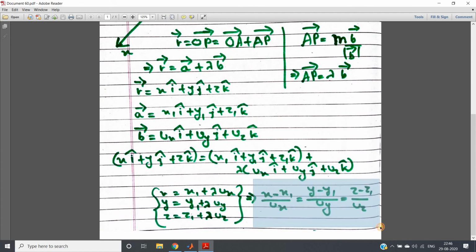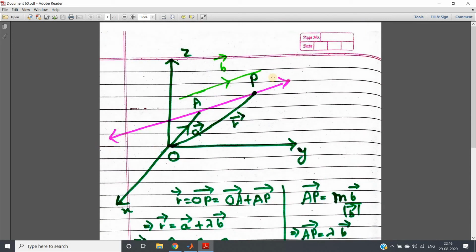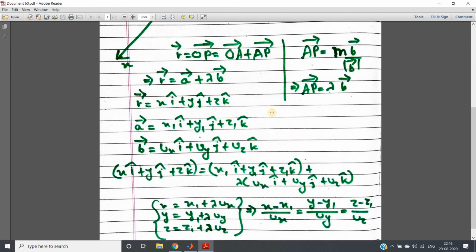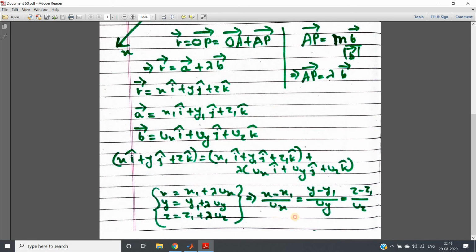So these coefficients, these constant values, are important because they represent the direction of our original line also.